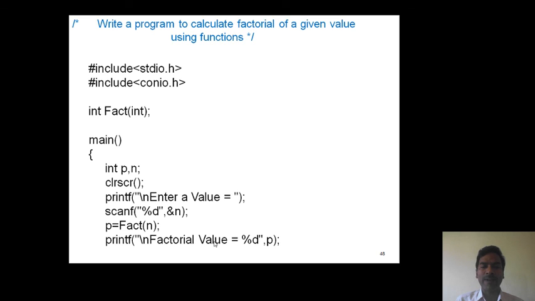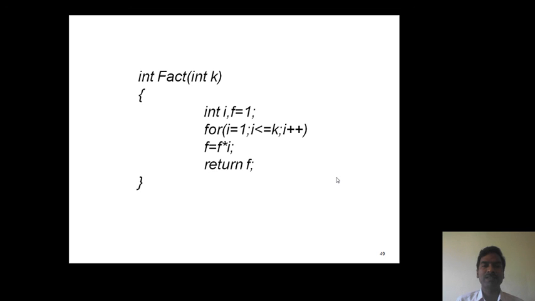Now we print the factorial value p. The main function is completed. After the main function, we design the function definition. This is the function definition. Whenever the function call arises, control enters into the function definition. It evaluates the factorial value and then control returns back to the function call.